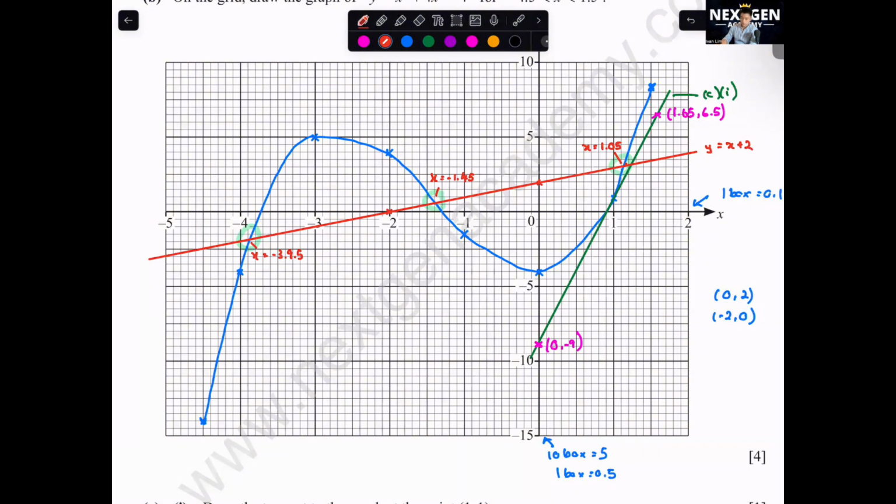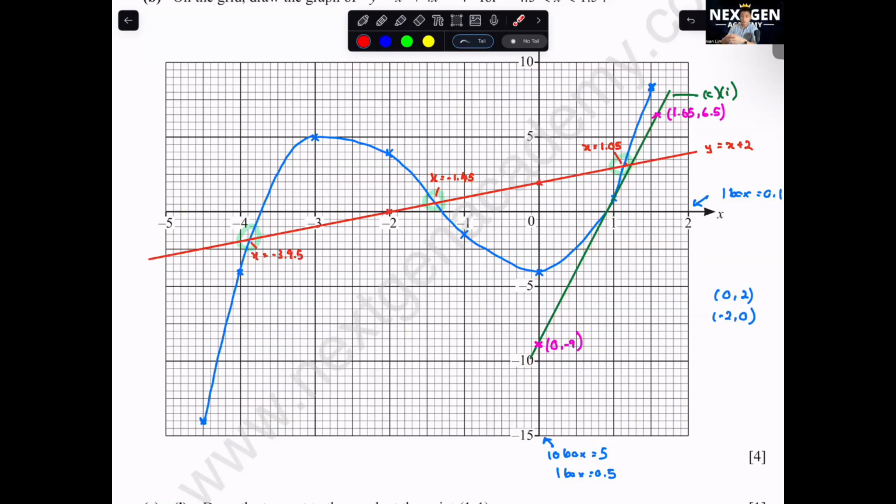Can I explain the tangent part? Do you know what a tangent is first? A tangent means a line that touches the graph at one point only. So you have to draw this tangent first. After you draw the tangent, you take any 2 points on the line.